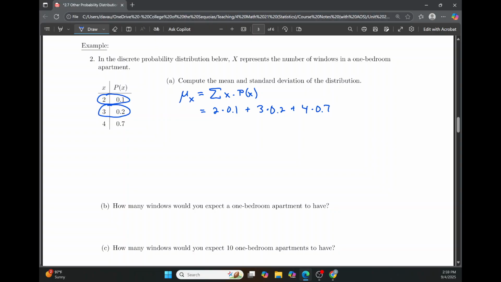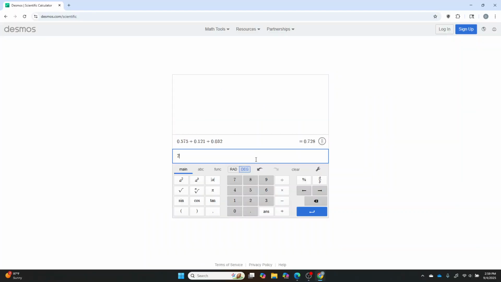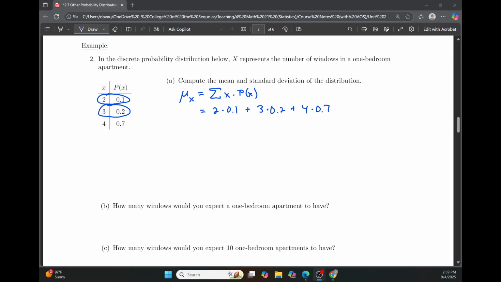So let's head over to Desmos and do that. Okay, so that comes out to 3.6. Okay, so there's the mean.